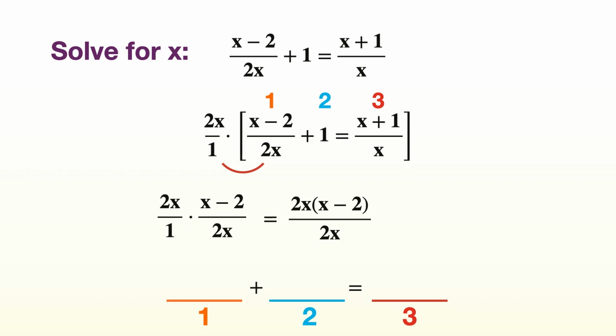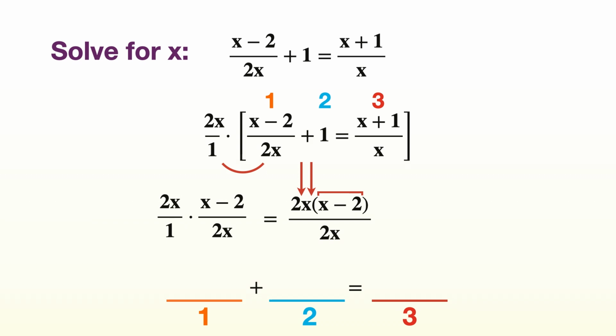Now, to simplify, we look for factors that are common in the numerator and denominator. Factors are expressions that are being multiplied. In the numerator, we have 2 times x minus 2. Because of the subtraction sign, the x minus 2 is all one factor. So either we cancel the entire x minus 2 or none of it.